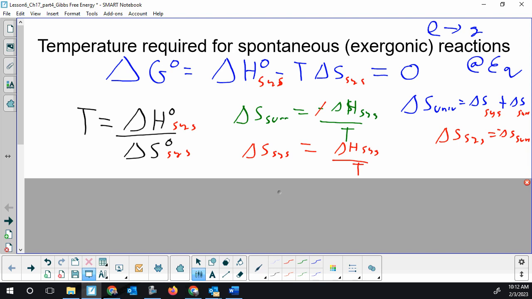So we're not changing what we had before, just the relationship we're using today is from the system's perspective in both cases.